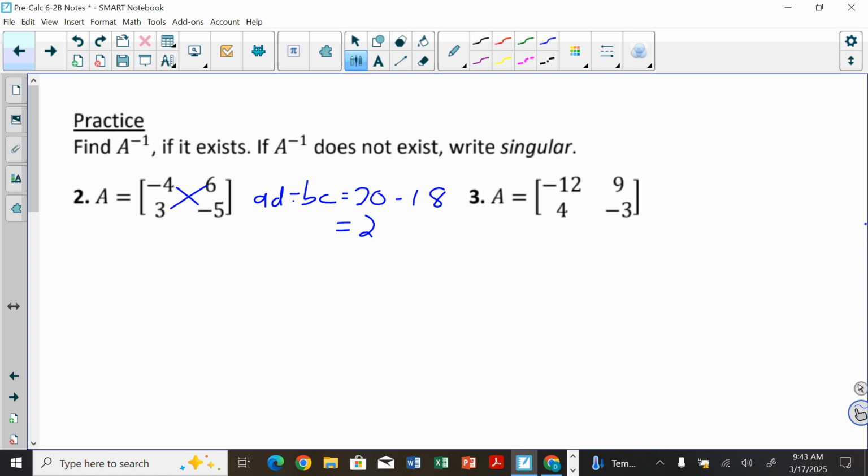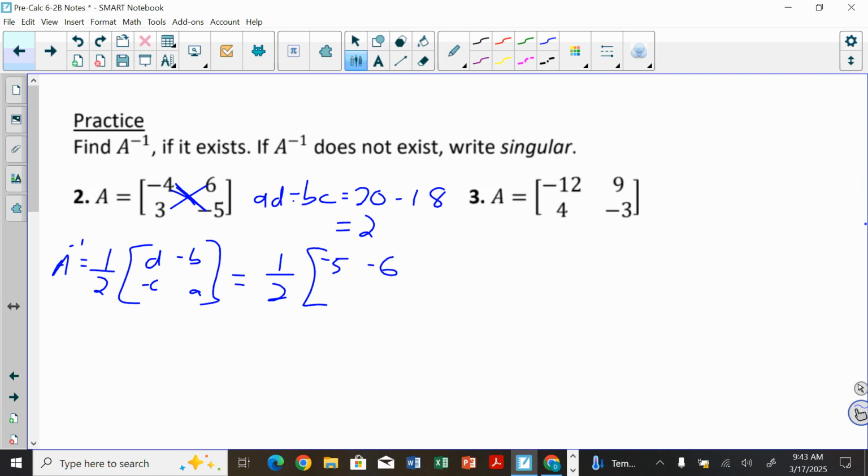And that inverse is, remember, going to be 1 over the determinant, 1 over 2. And again, just writing these D and A over here, -B, -C, okay, is now going to be 1/2 times, again, I just switch these two numbers, so -5 is over here in the upper left, change the sign there, change the sign here, swap that one down here, and now I'm multiplying by 1/2.